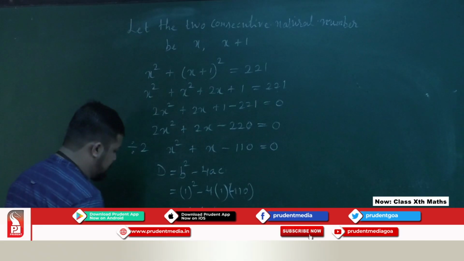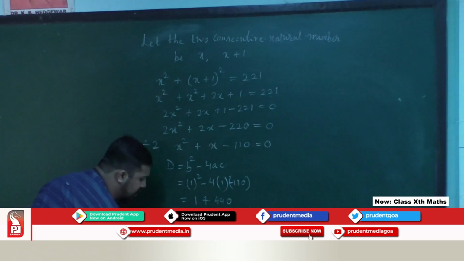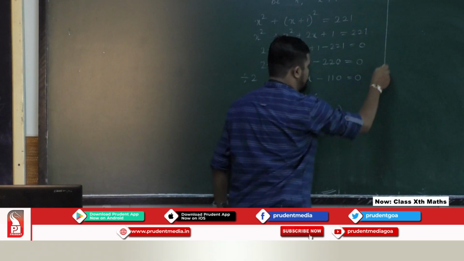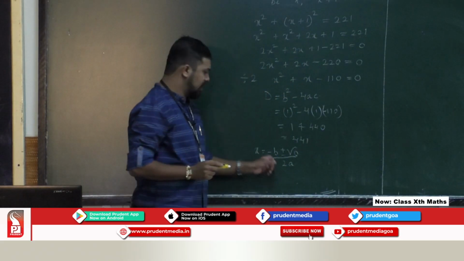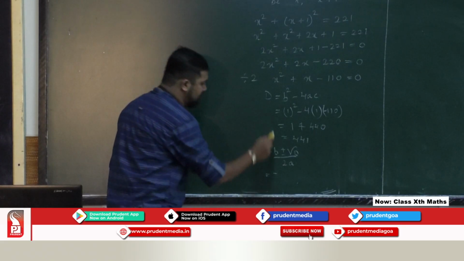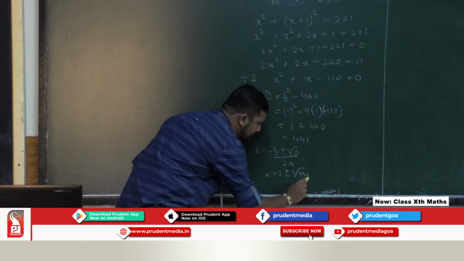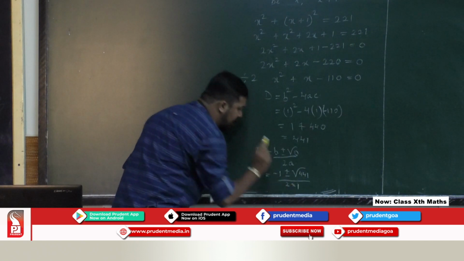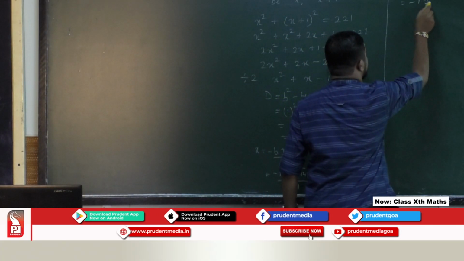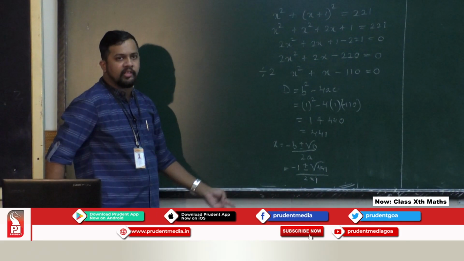Now let us find the roots. So x equals minus b plus or minus root D upon 2a. I'll substitute the values: negative of b is negative 1, plus or minus root 441, upon 2 into 1. Let us find the square root of 441. Use your prime factorization method or long division method.